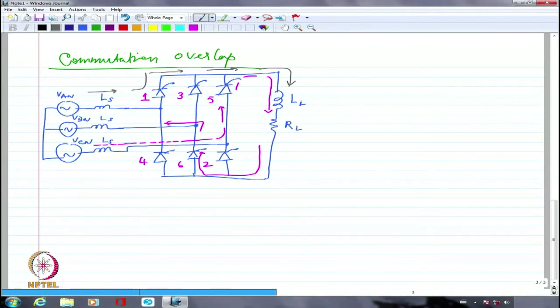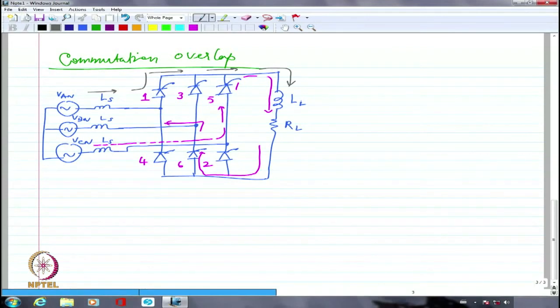Both of them are going to overlap with each other at least for a short while. How short a while, how long a while, that depends upon several factors which we are going to analyze a little bit.